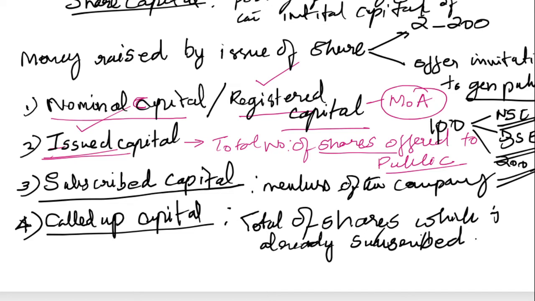And the fifth one is paid up capital. We only know about those things, right? So what is paid up capital? It is the part of the subscribed capital which is paid up by the shareholders.